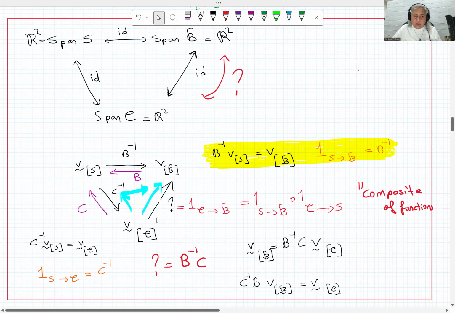Now our aim is to figure out how to move from here to here, the question mark. How to find the identity map moving from this basis to this basis. How can we find the coordinate vectors moving from this basis to this other basis? That's the question. So this light blue thing says exactly what we are going to do.